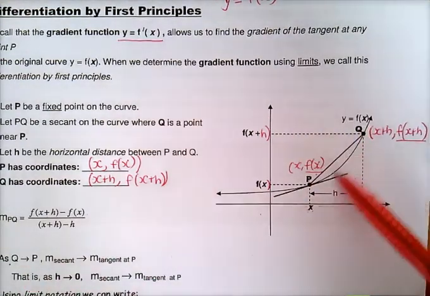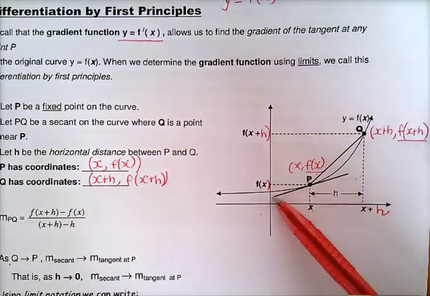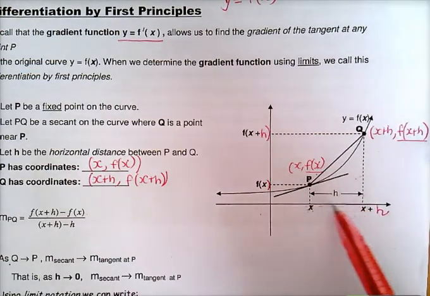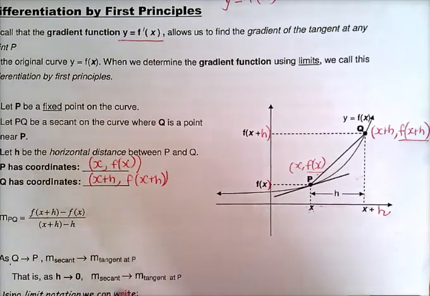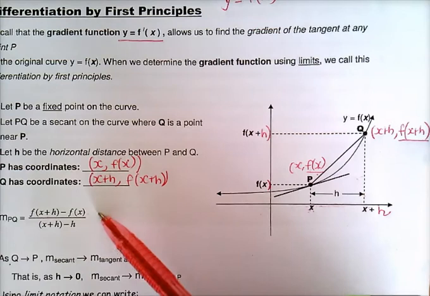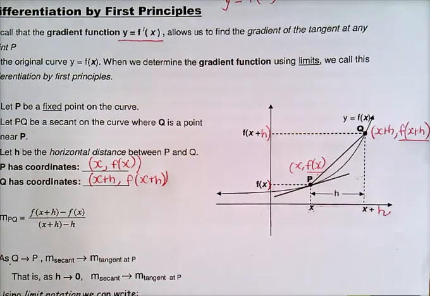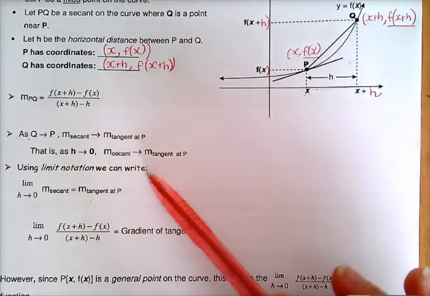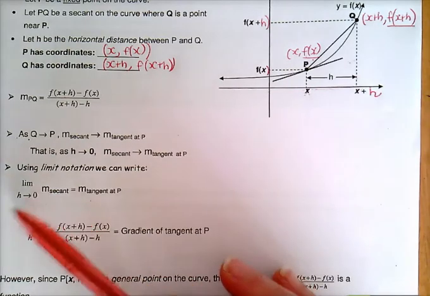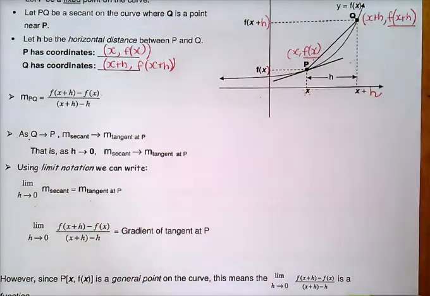So as Q approaches P, the gradient of the secant PQ approaches the gradient of the tangent at P. That is, as h gets smaller and smaller and approaches 0, the gradient of the secant will approach the gradient of the tangent at P. So now we can do this gradient again here with the limit bit as well. Using limit notation, we write that the limit as h approaches 0 of the gradient of the secant will equal the gradient of the tangent at P.